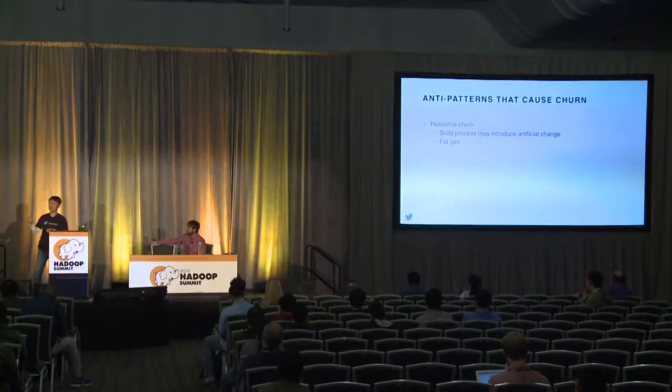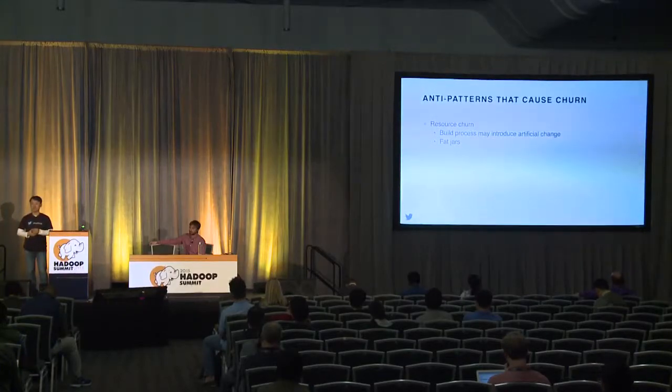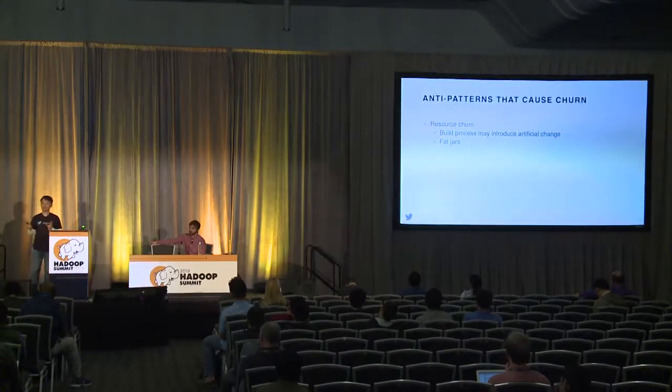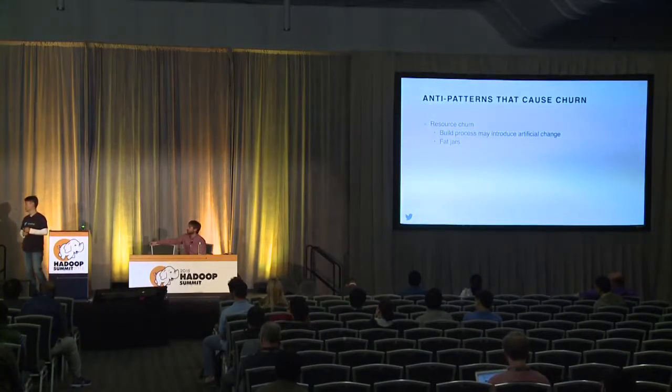I'm going to talk about the second one first, which is what we call fat jars. If you operated any size MapReduce cluster, you know that a lot of users simply put all their dependencies together and create a single large job jar, and use that for their MapReduce jobs.